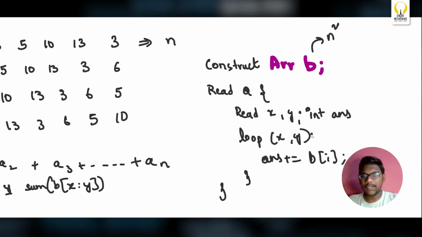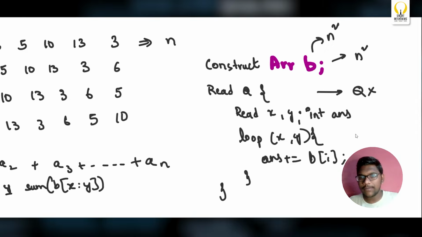Understood the brute force, everyone? Now, what's the time and space complexity? Constructing this will take n square time and n square space, and after that, the outer loop q into inner loop read x comma y into answer.